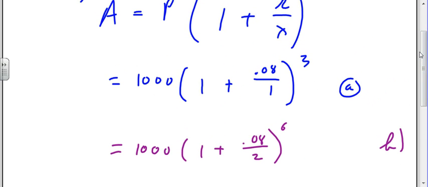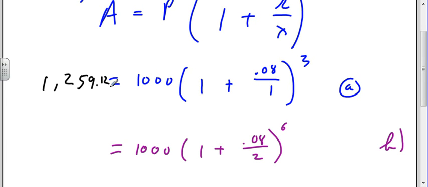So 1,000 times parentheses 1 plus 0.08 close parentheses raised to the 3rd power equals. All right, so we'll put it over here. $1,259.12.